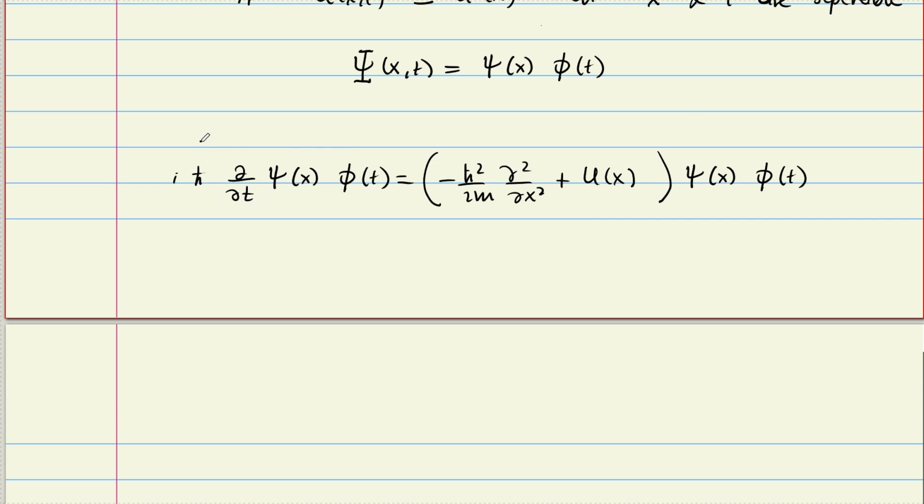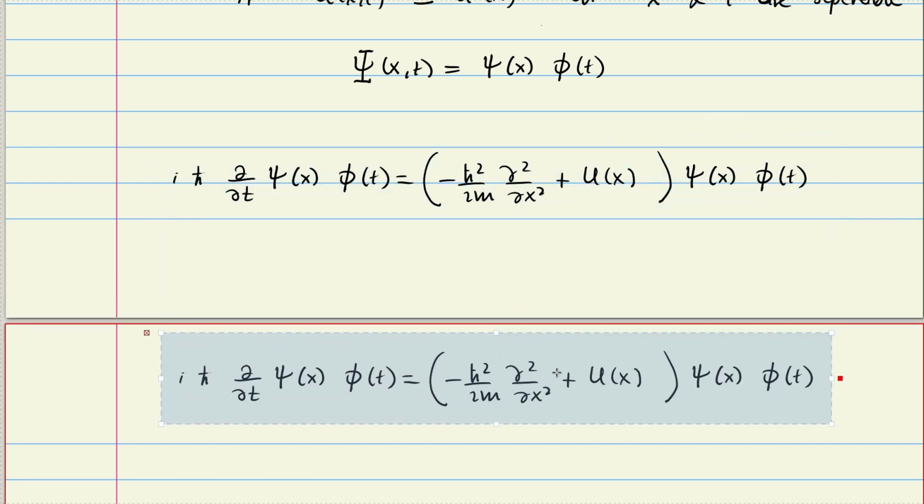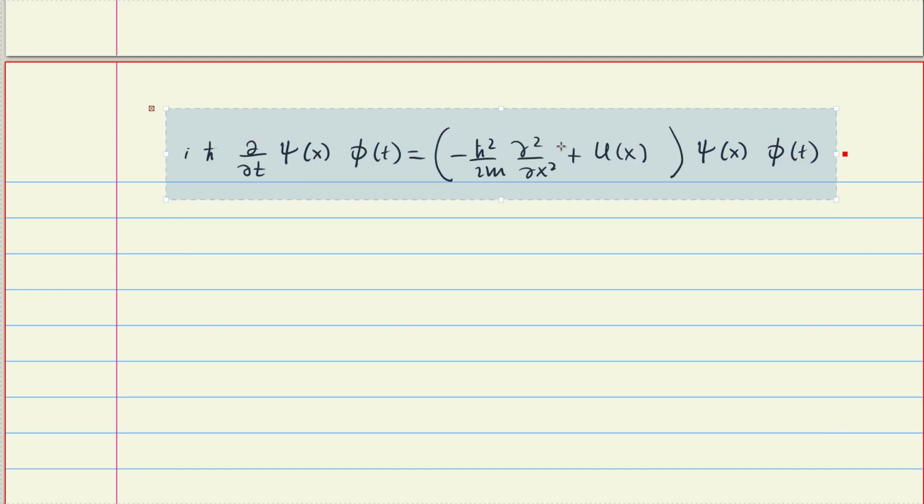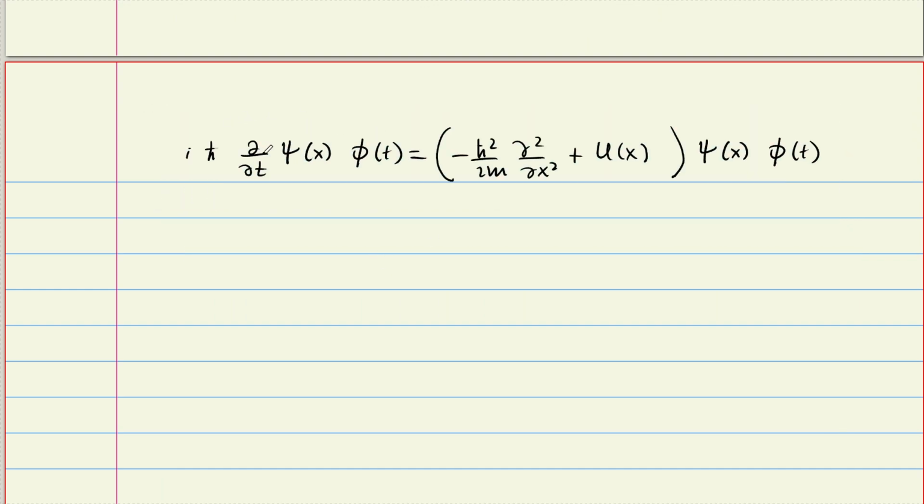So let's duplicate this side and see how to manipulate it. First, this derivative is going to act only on t-dependent things. This is psi, it doesn't know about t, so I can carry this outside, and I can think about this derivative acting only on t-dependent things. Good? So that's the first step.